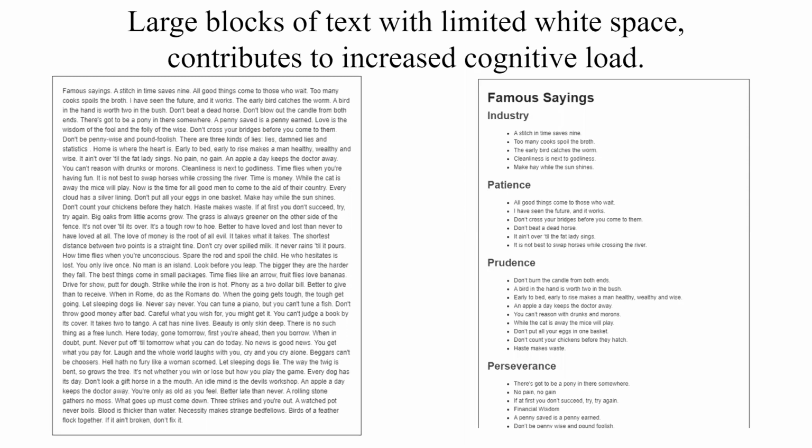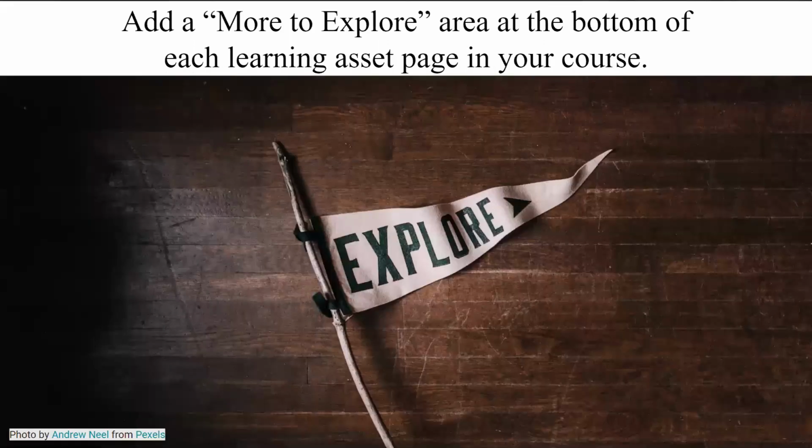It's broken up into different sections, using bullet points and white space. It's a lot easier to go through the content, and the content is the same, except for maybe a few words. Basically, these sayings are the same. So use white space to your advantage. Don't be bashful with that. Break things up.